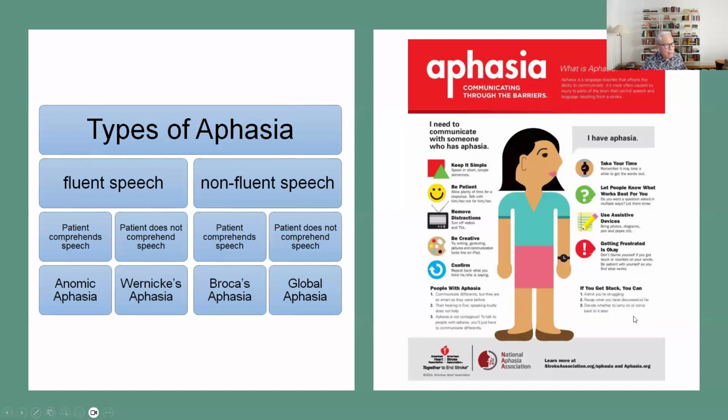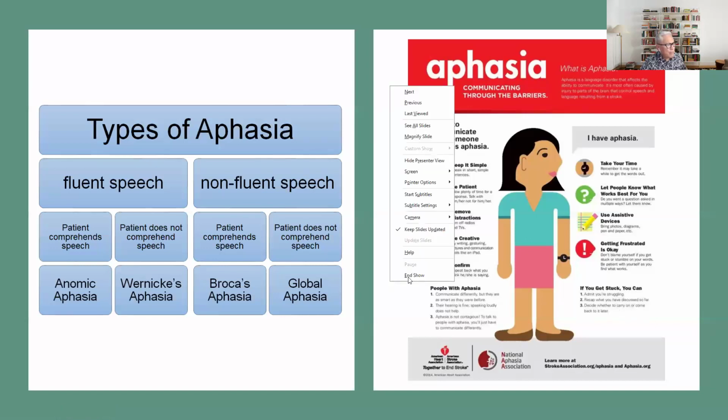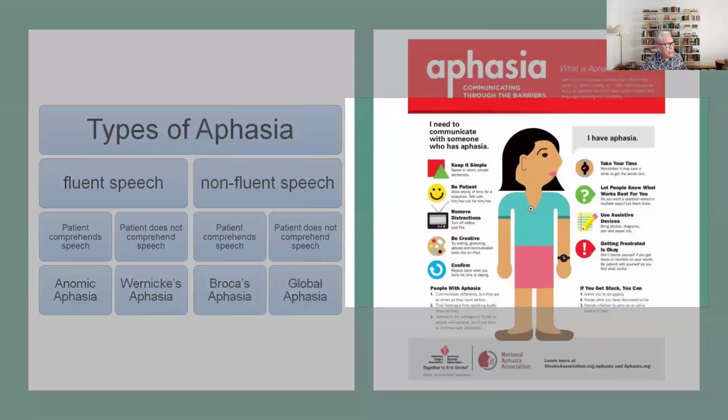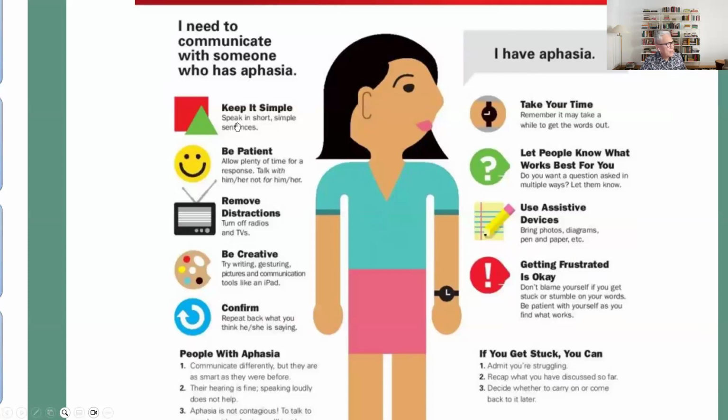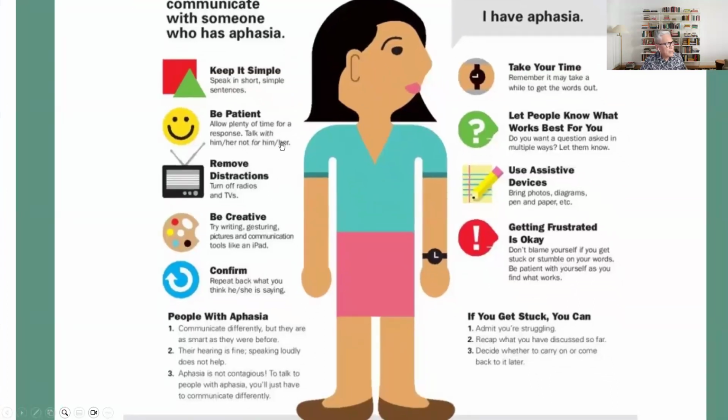So what are some of the interventions as far as aphasia is concerned? Speak in short, simple sentences, allow plenty of time for a response, and talk with him or her, not for him or her, which means we're not going to fill in the blanks for them.